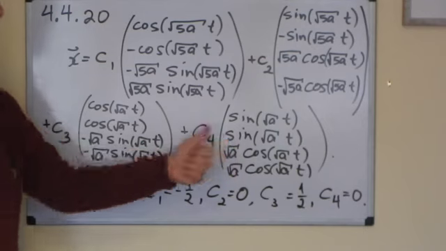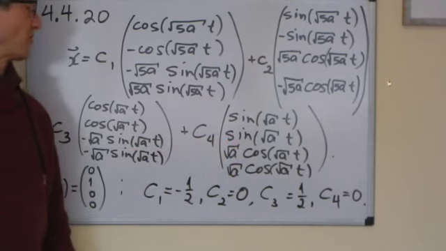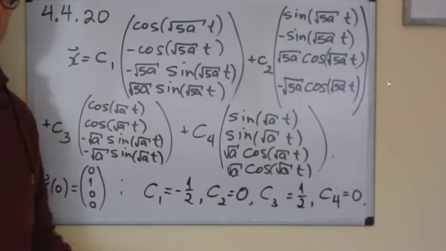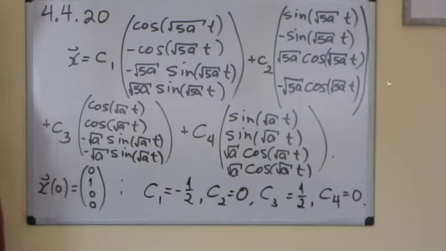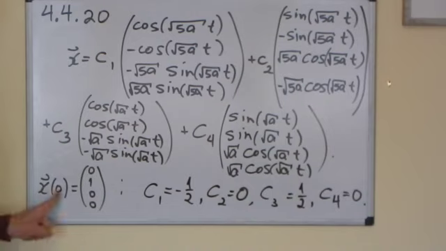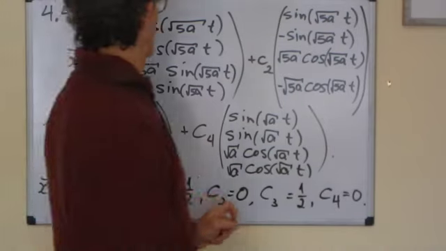Those two coming from the oscillatory solution corresponding to lambda 2 equal to square root of a times i. And then the initial condition that we wanted was 0, 1, 0, 0, at time 0. So let's see what that gives us.